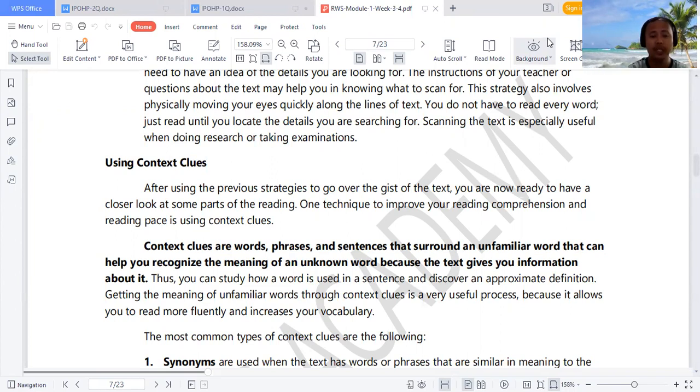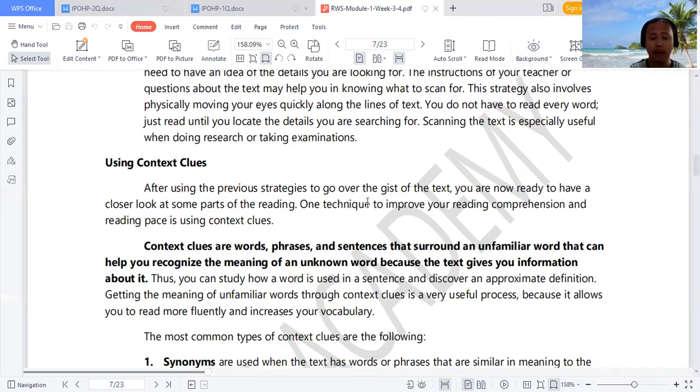Thus, you can study how a word is used in a sentence and discover an appropriate definition. Getting the meaning of unfamiliar words through context clues is a very useful process because it allows you to read more fluently and increases your vocabulary.